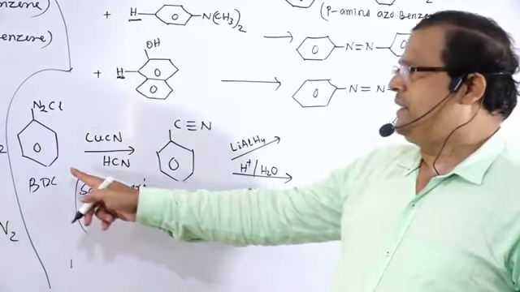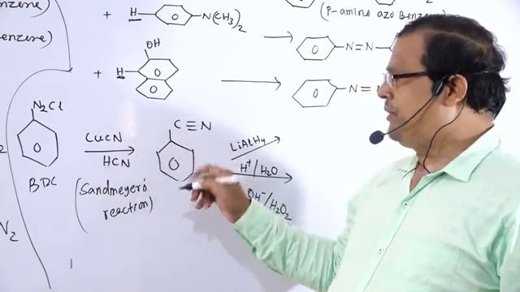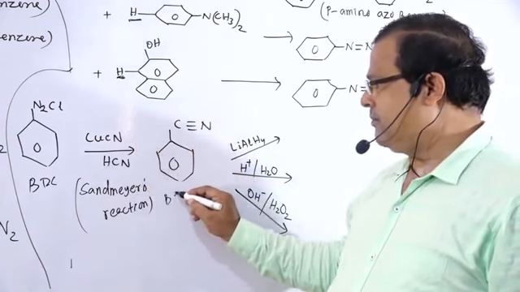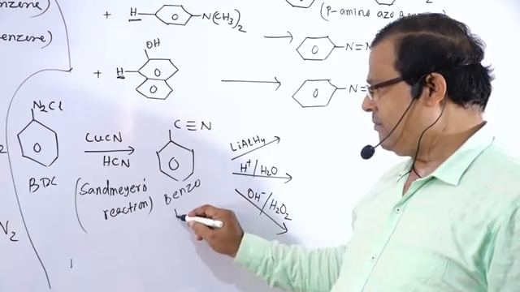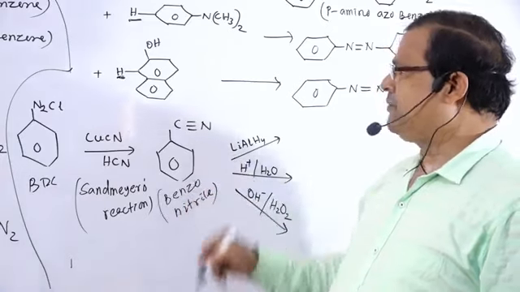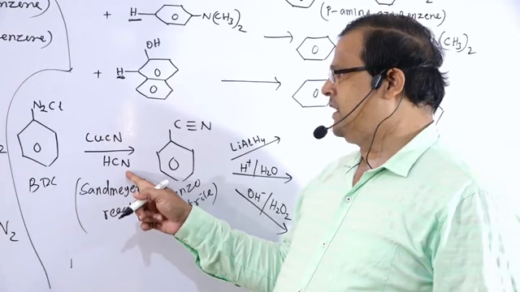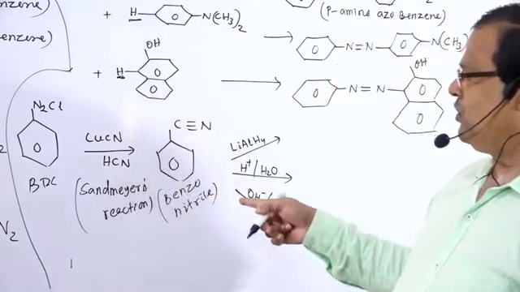So whenever BDC is treated with CuCN and KCN, there is the formation of benzonitrile.